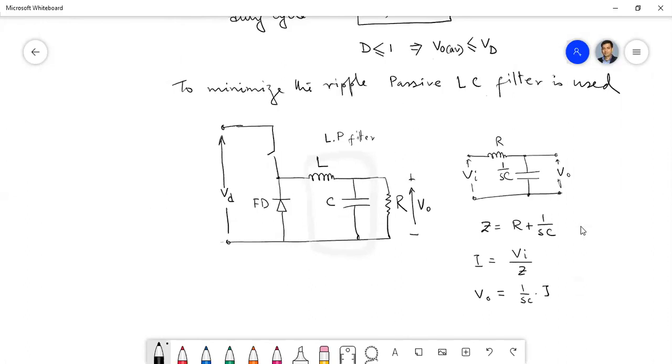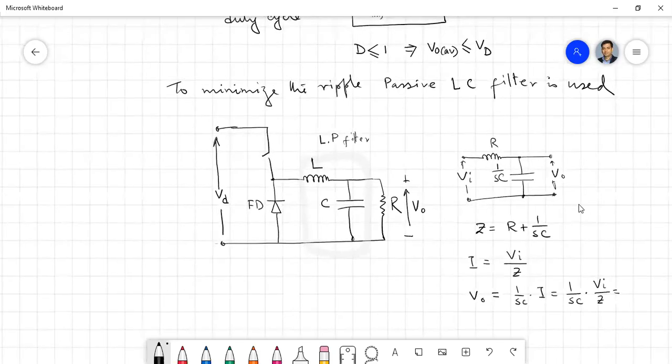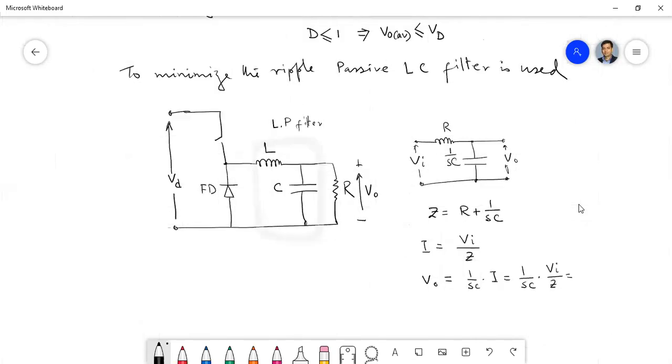Or we can write the I value, which we already know, VI by Z is the value of I. Another expression we write by substituting the value of Z: 1 by SC into VI by R plus 1 by SC.